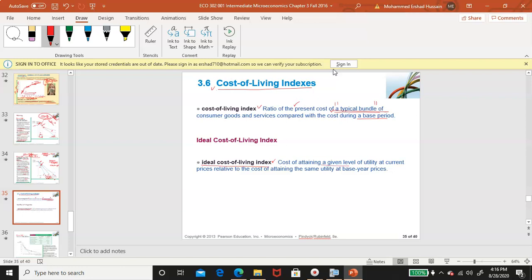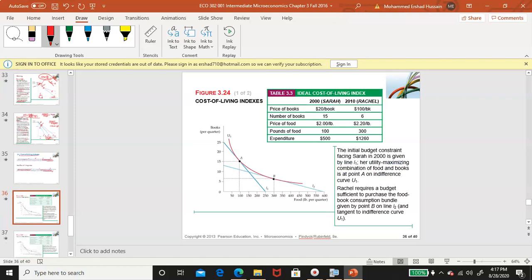So here we hold utility fixed, and compare the cost of attaining that utility now to the cost of attaining the same level of utility years ago, at base year prices. That is how this type of index measures inflation, that is, the change in the cost of living.